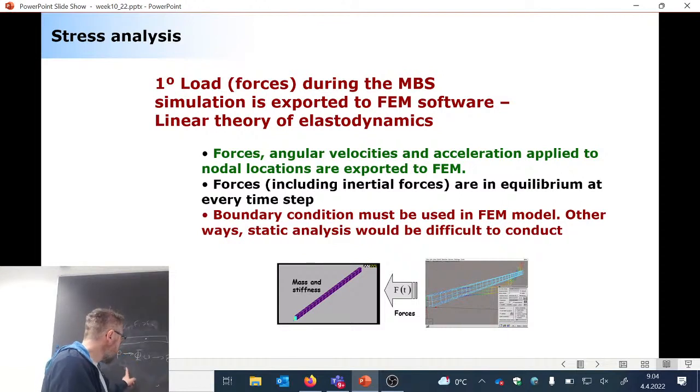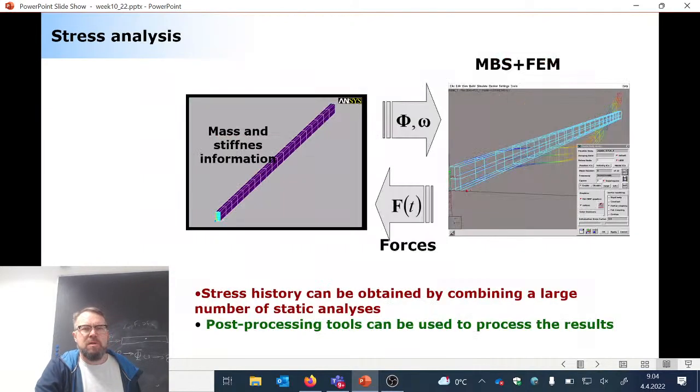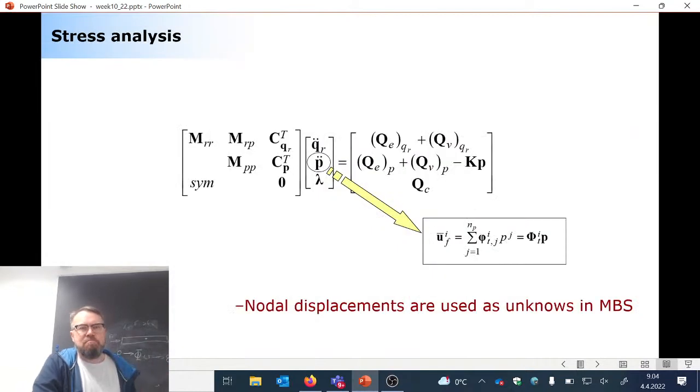Even though you need to invert your stiffness matrix just once, it is still quite a bit of computing. If you model your structure as a flexible body, then there is an advanced technique that is still related to linear theory of elastodynamics. So forget about that. Now, this new method.